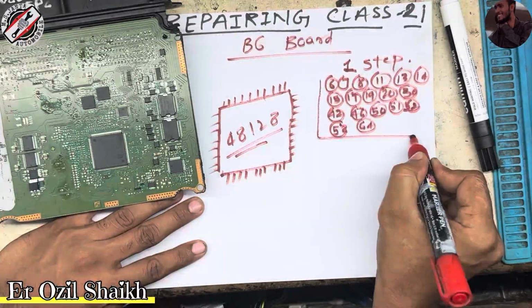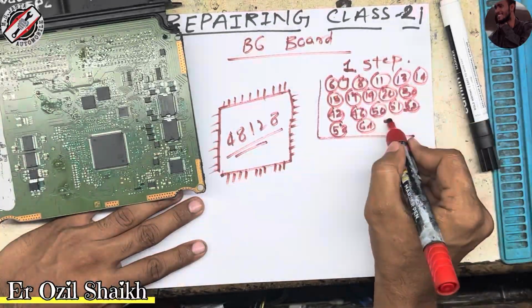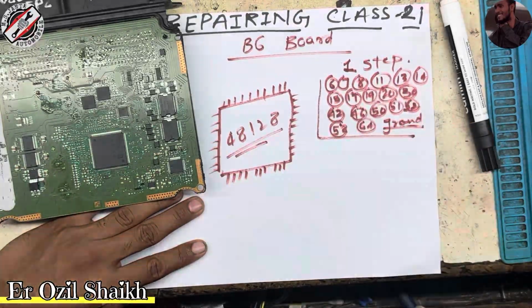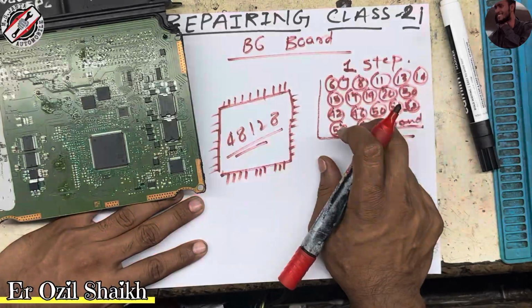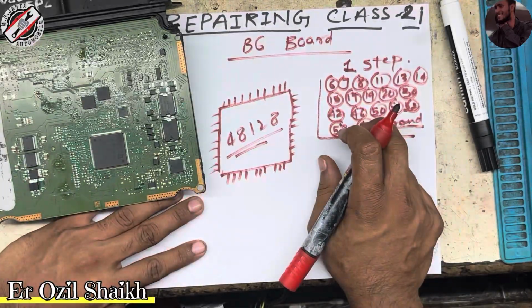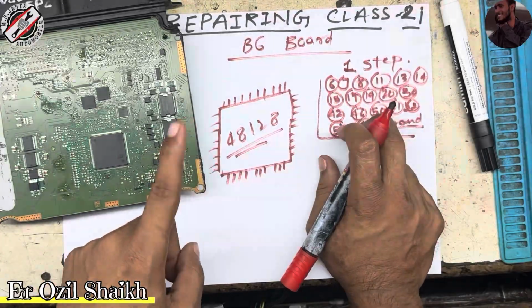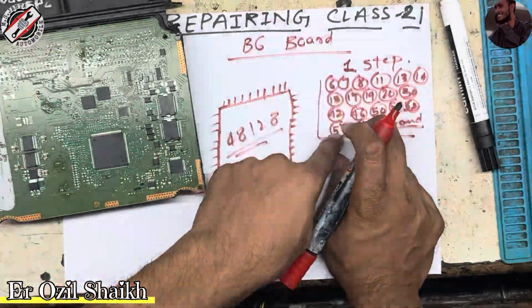So these all pins are ground. If, along with these pins, any other pin is showing ground, that means your power IC is faulty. Okay, so this is the first step.